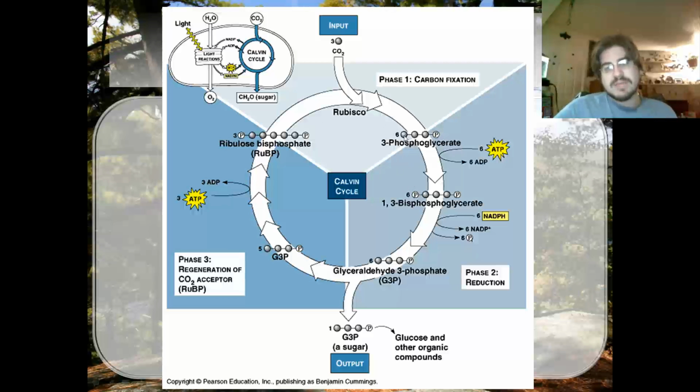We get our Rubisco and we break it into 6 of these, and then we use ATP to further process them, and then we have NADPH to reduce them to produce G3P, and we have 6 G3P, 1 of which we actually get to keep, and the other 5, now we got to use ATP in order to send them through a few chemical reactions to make it into 3 ribulose biphosphate.